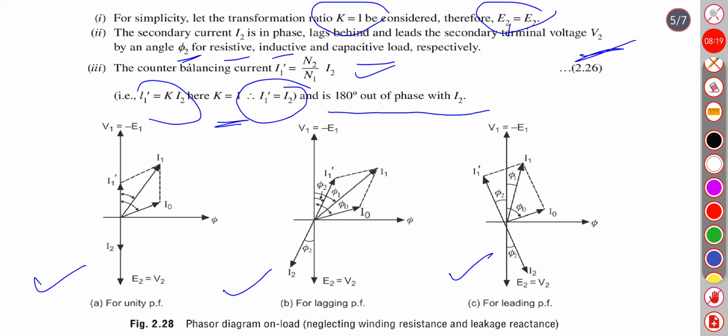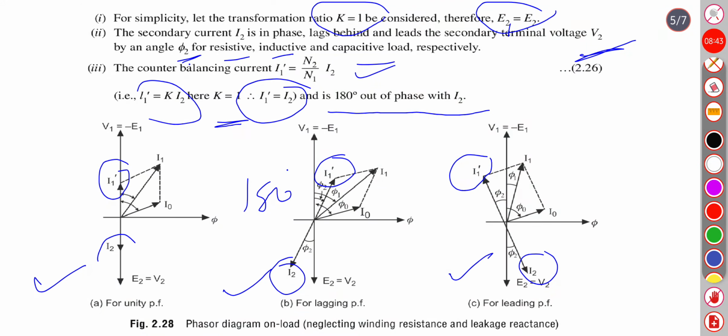You can see here, this is I1 dash and this is I2. Both are opposite, 180 degrees out of phase. Here in this case also, whether the load is capacitive, inductive or resistive.